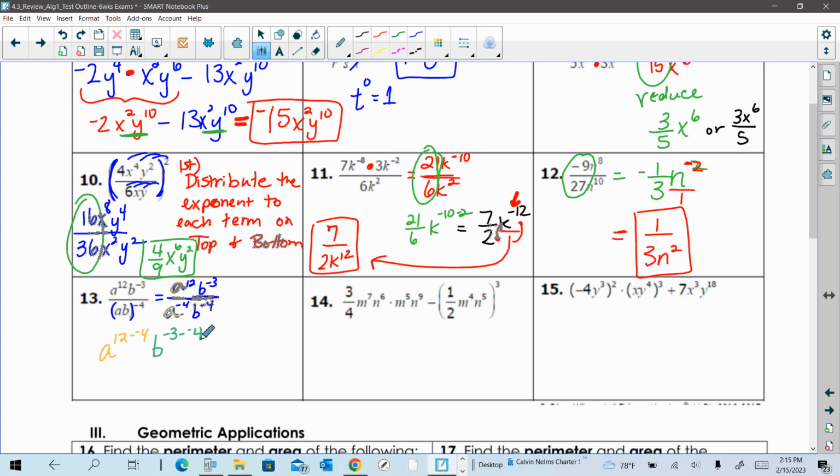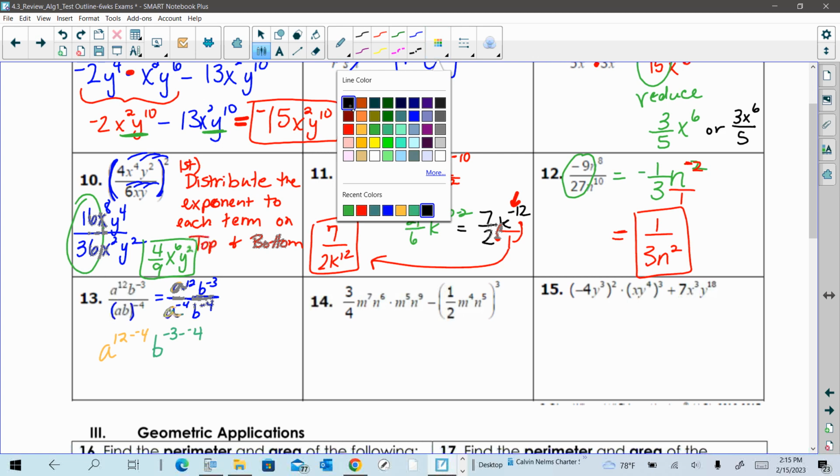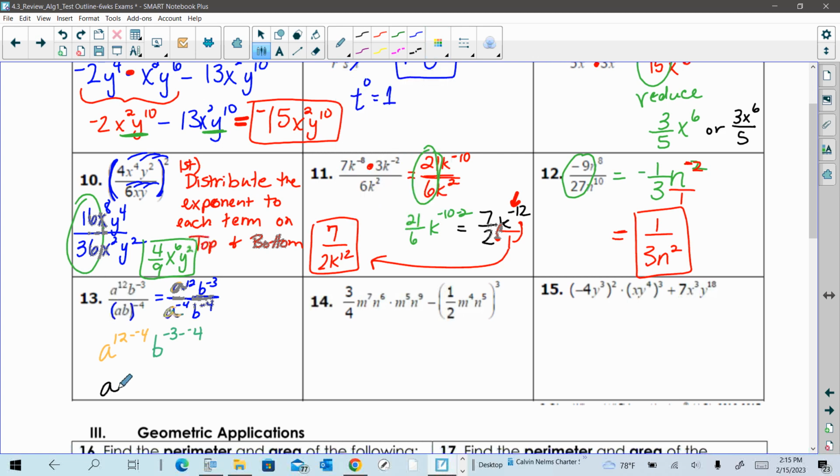When you simplify that, we're going to get a to the 16th power and b to a positive 1 power. We don't have to put that 1. So this would be our final answer. So don't try to do your reciprocals, like flip it, get rid of the negative exponents, until the very end, until you've done all the rules.